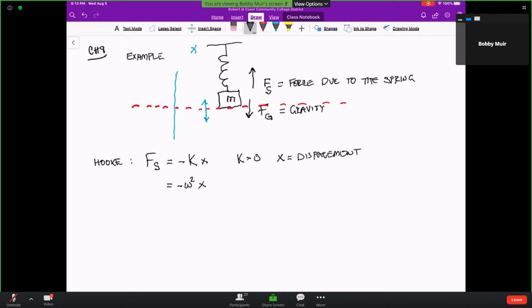Okay, so then we have Newton. Now Newton says that the force due to gravity is the mass times the acceleration. But this isn't exactly what Newton said. What Newton said in the Principia is that the force is the instantaneous rate of change of momentum.